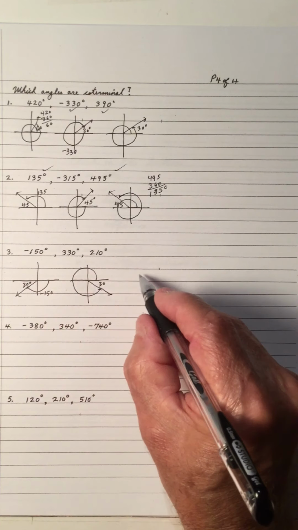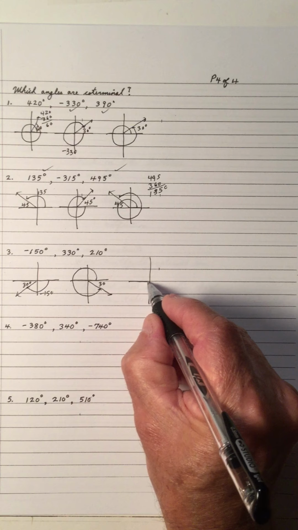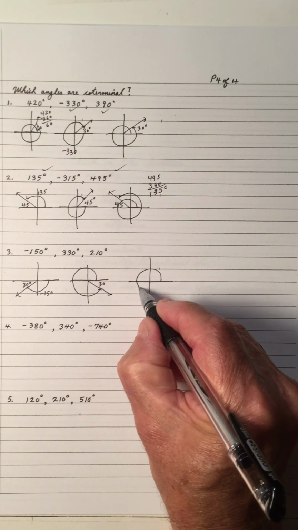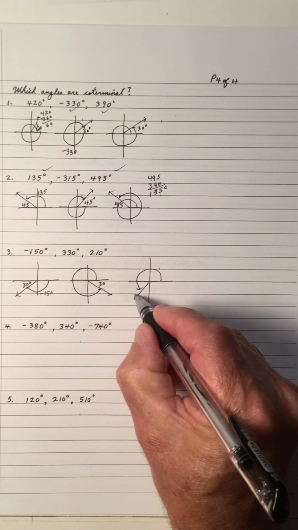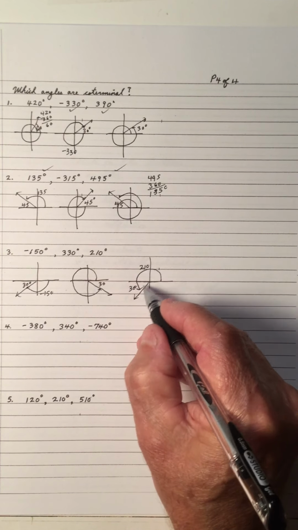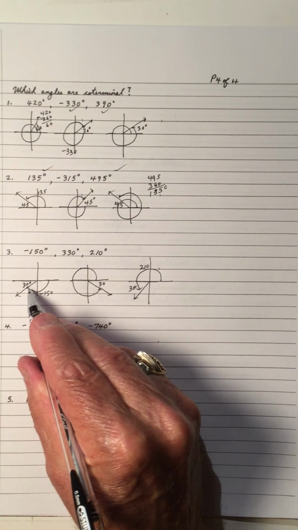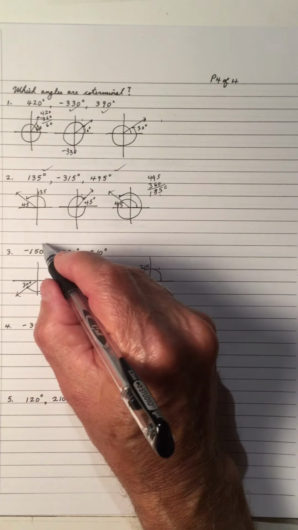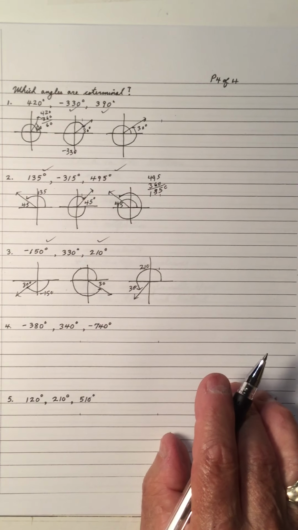So they're not coterminal. How about 210? 210 is 90, 180, and 30 reference. So 210, both of these end up in the second quadrant with the same terminal arm, same reference angle. So these are coterminal.